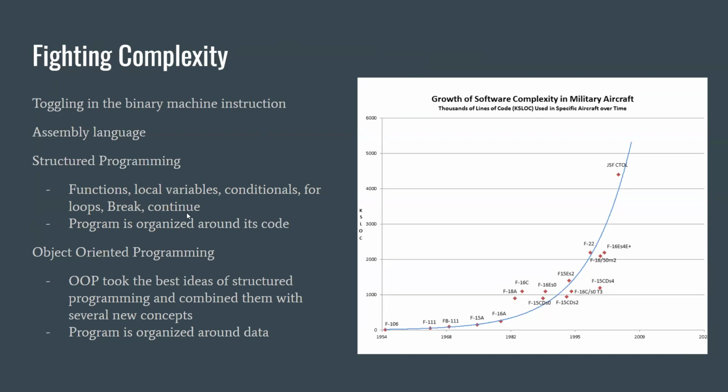So that program is organized around its code. I would say object-oriented programming is like the next step. OOP basically takes the best ideas of structured programming and combines them with several new concepts. And you can say that the program is organized around data, and we'll talk more about object-oriented programming in the later lectures.